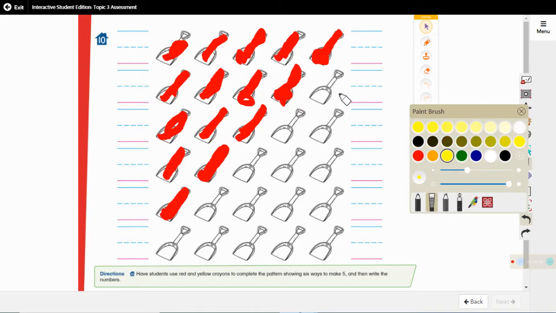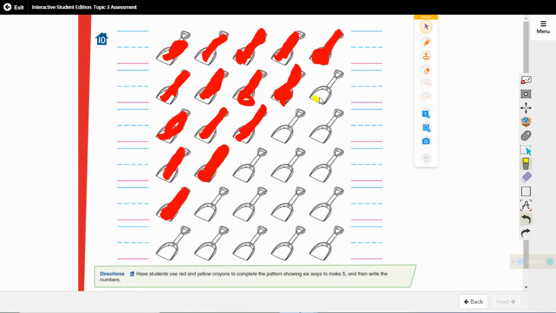With your yellow crayon, we're going to color all of the shovels that we did not color red. Just go ahead and color all of the shovels that we did not color red. And then we will write our numbers to see what type of pattern we have made.